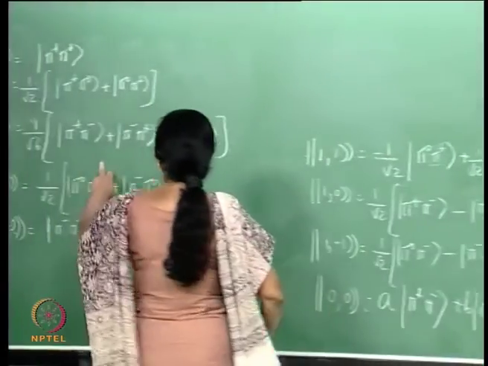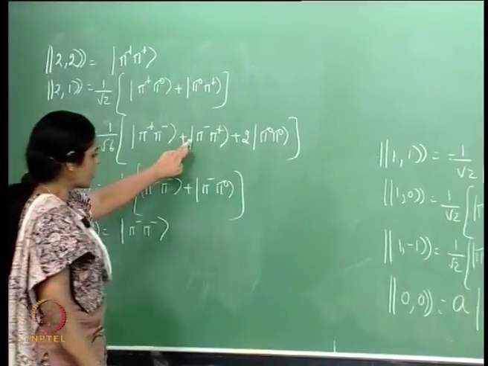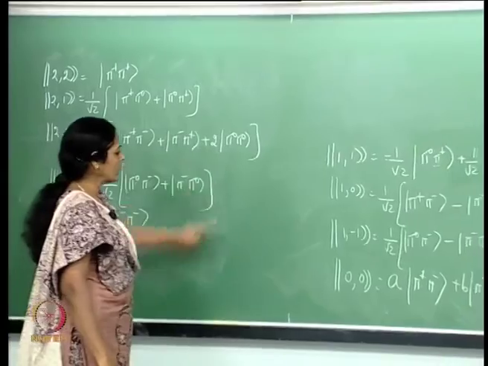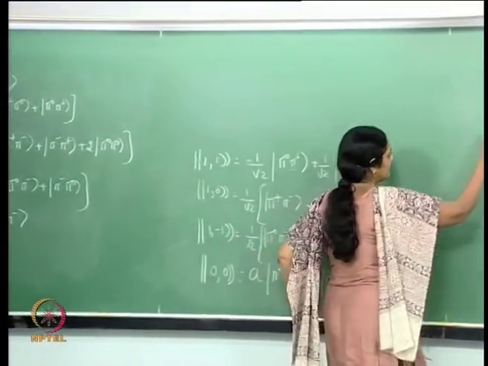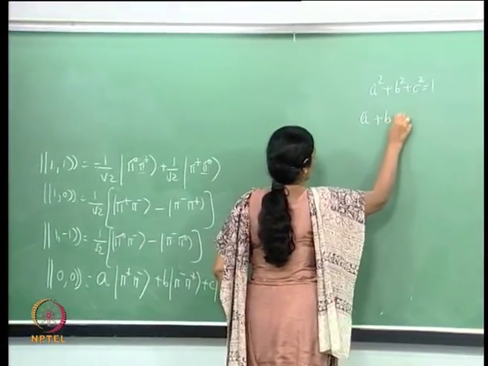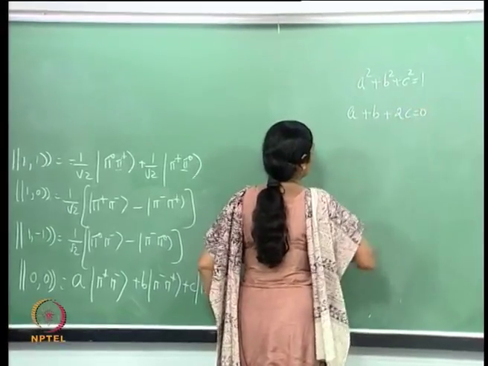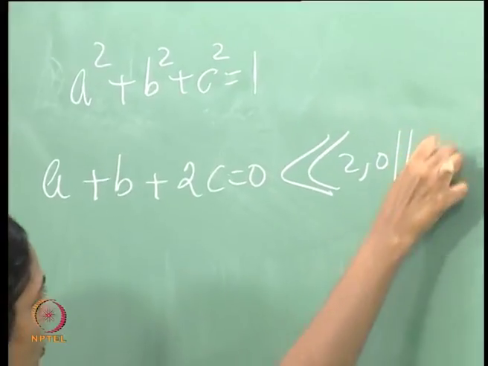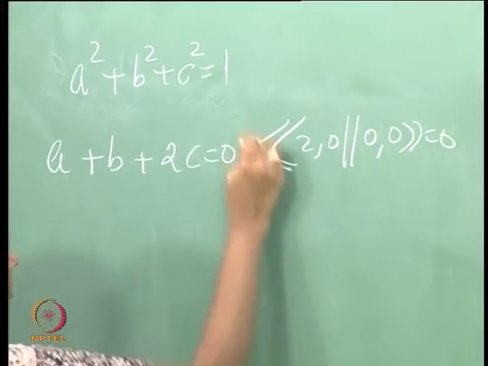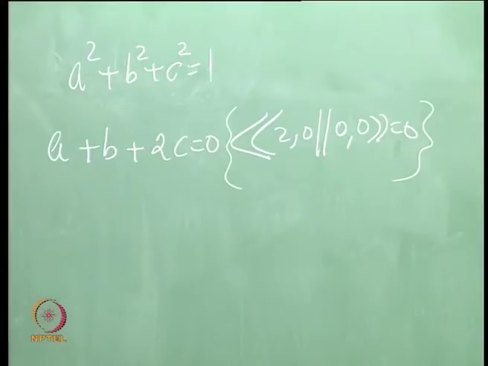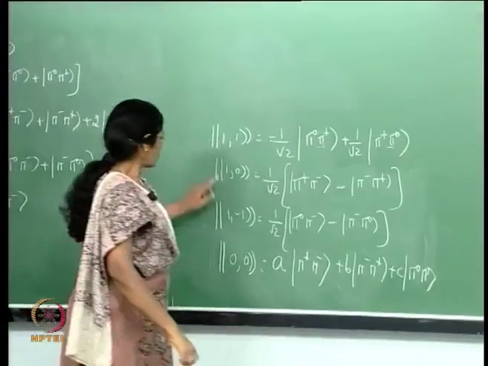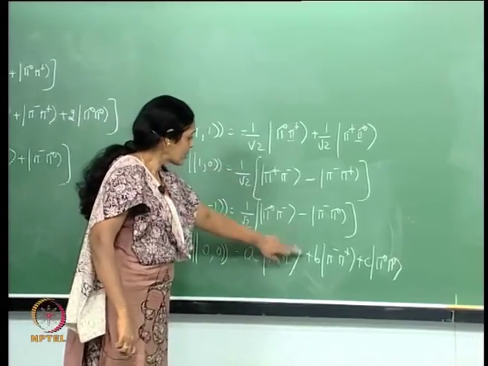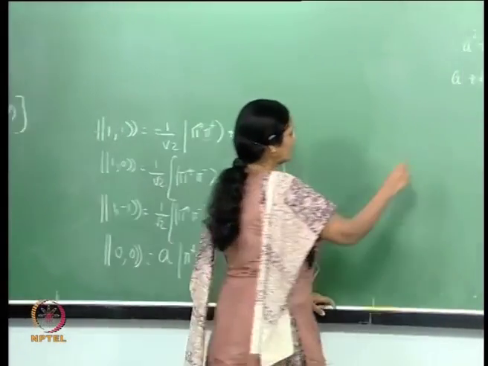So that gives me A by root 6 plus B by root 6 plus 2C by root 6 equals 0. So A plus B plus 2C equals 0. This came from the fact that 2 0 was orthogonal to 0 0. But 0 0 is also orthogonal to 1 0, and therefore I have A by root 2 minus B by root 2 equals 0.